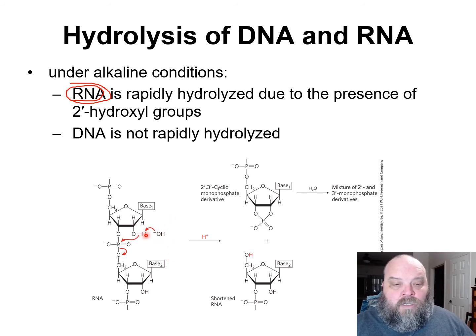Hydroxyl attacks here, that hydrogen is pulled off, that bond is going to shift, boom. So now, instead of being oxygen to hydrogen, it's going to be oxygen to this phosphate group. This bond here is going to shift over, and with a nice hydrogen there, you now have a hydroxyl sticking out.